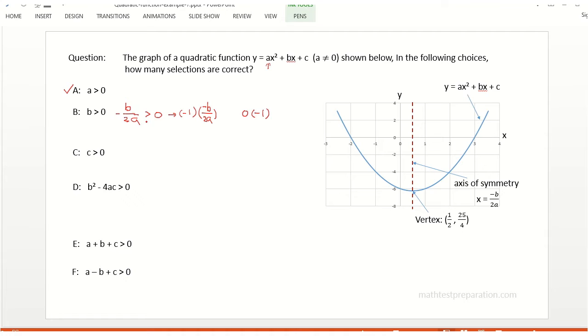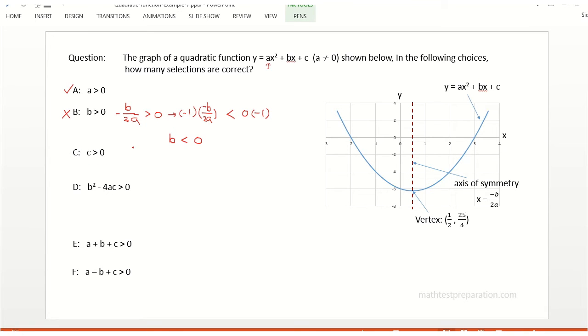Because we multiply both sides of the inequality by -1, the inequality should change direction, larger than 0 becoming less than 0. -1 times negative b is positive b, and 0 times anything is 0. So we get b is less than 0. So choice B is not correct.